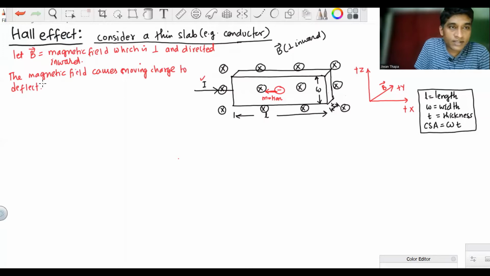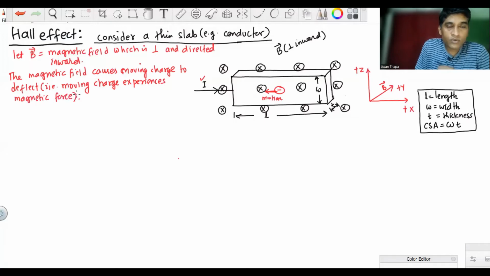Okay, so we can understand in this way. That is, moving charge experiences magnetic force. Clear? Now, we need to find the direction of magnetic force experienced by this electron.